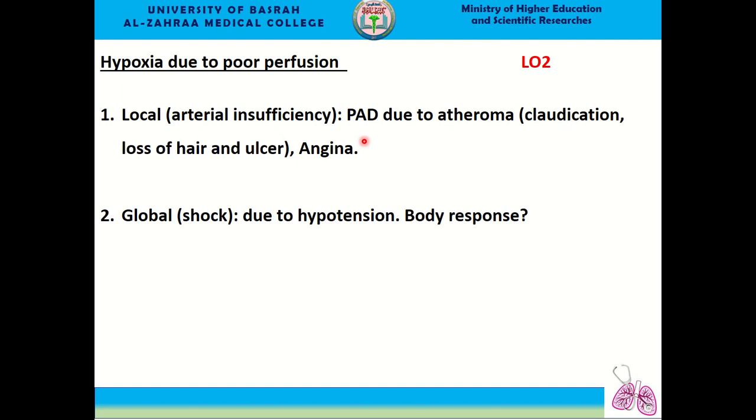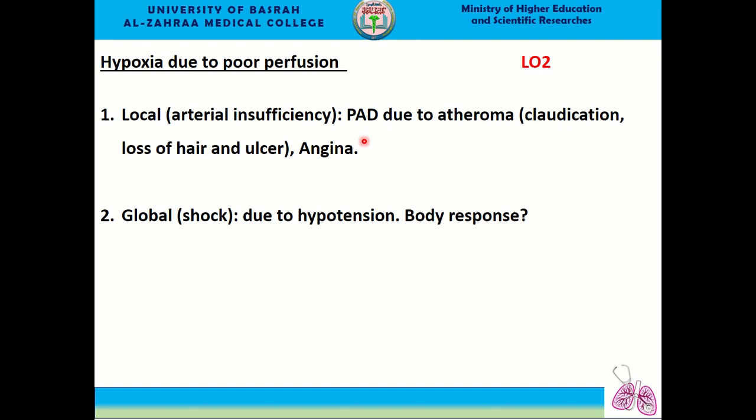if there is a defect in the local perfusion, it means there is arterial insufficiency. For example, in peripheral arterial disease due to atheroma or advanced atherosclerotic vascular disease, there is narrowing of the blood vessel, so little blood is reaching the organ or the periphery, for example, the feet.